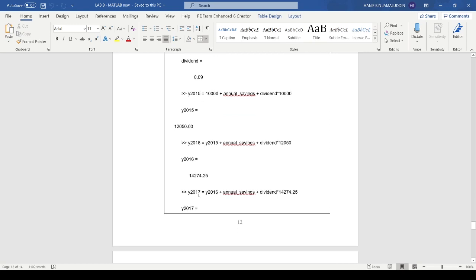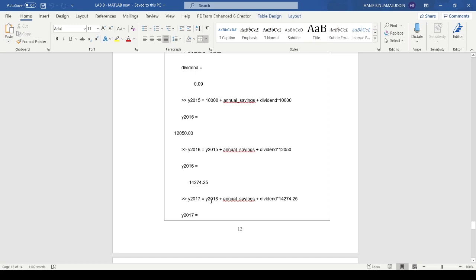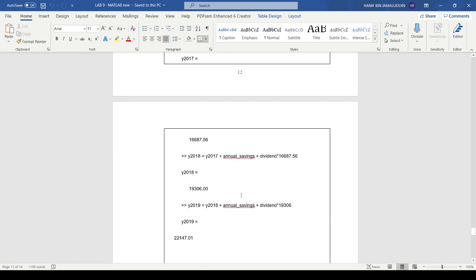So for the upcoming years, the method is just the same. We take the previous year value plus the annual savings plus the dividend times the value of the previous year, which is stated in every calculation I made.